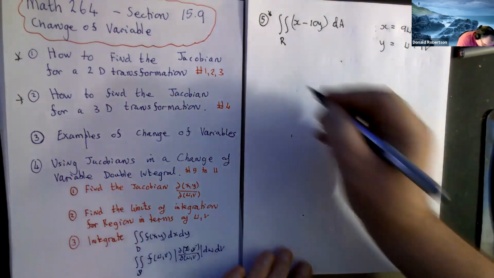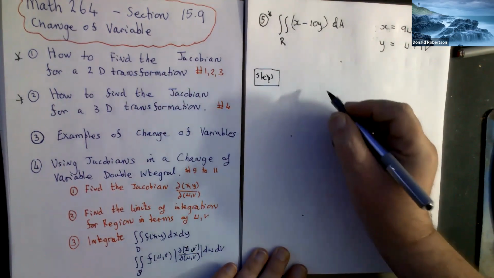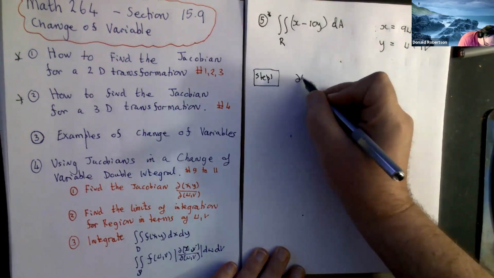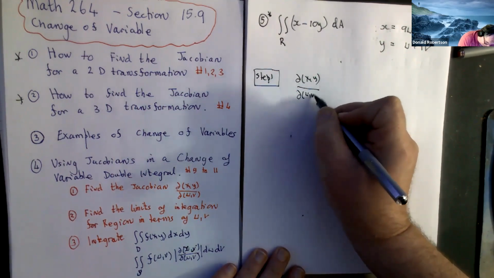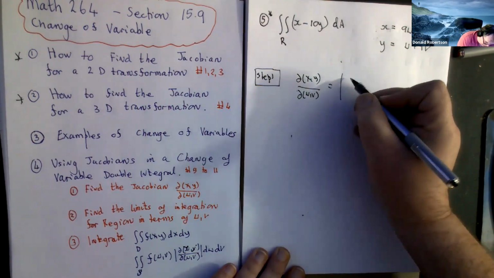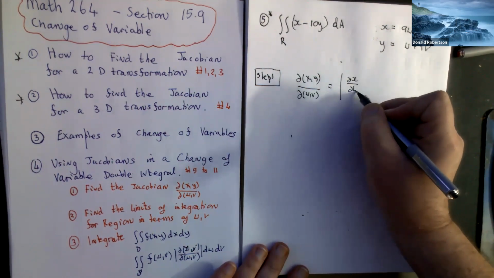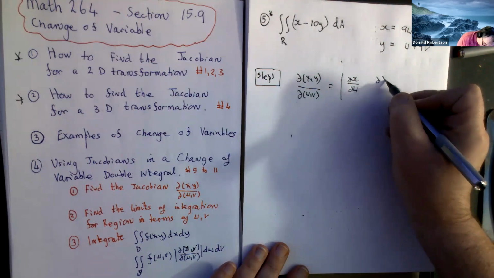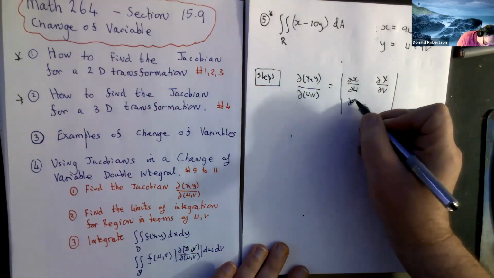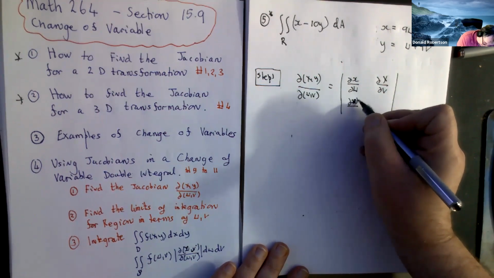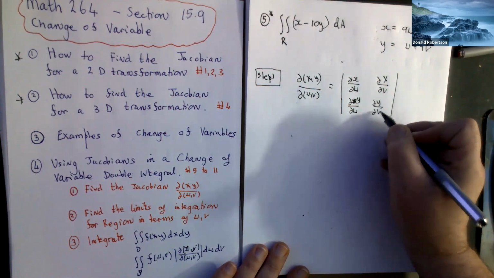Okay, so step one is pretty straightforward. We're going to find the Jacobian. So it's going to be the derivative of x with respect to u, the derivative of x with respect to v, the derivative of y with respect to u, the derivative of y with respect to v.